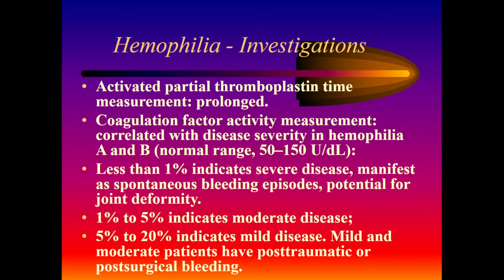Less than 1% indicates severe disease, manifest as spontaneous bleeding episodes, potential for joint deformity. From 1 to 5% indicates moderate disease. 5 to 20% indicates mild disease. Mild and moderate patients have post-traumatic or post-surgical bleeding.